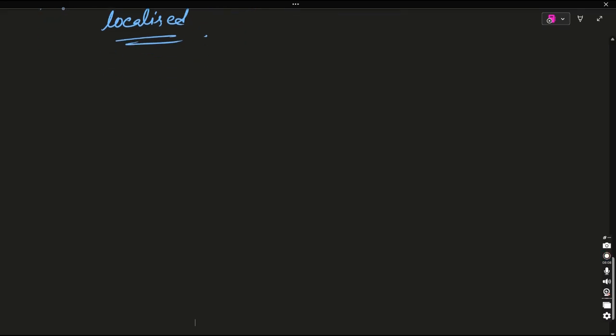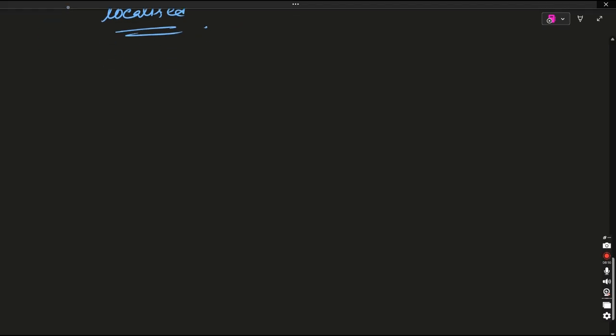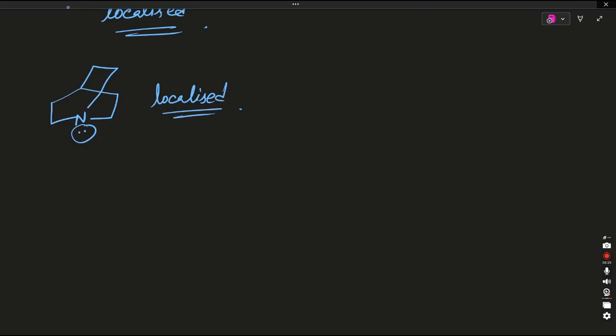Now another structure is like this, the bridged structure. So this lone pair is not movable, this is localized. Why?